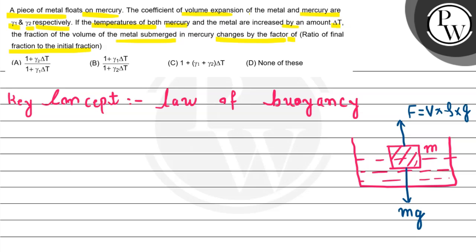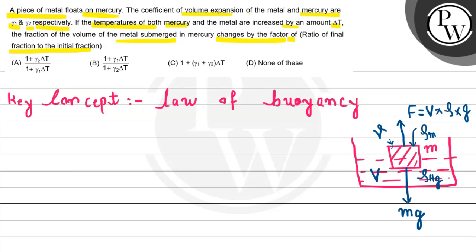Now let's suppose the volume of the fluid is capital V and the volume of the metal piece is small v here. Similarly, the density of the fluid is rho Hg because it's mercury, and the density of the metal is rho m.